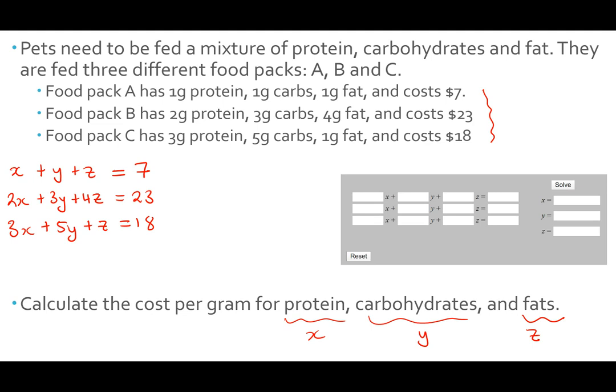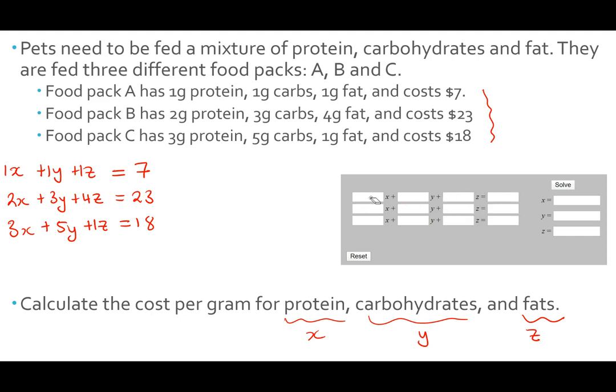For example, in the top row, x plus y plus z, it's actually 1x plus 1y plus 1z. And this one down here is also 1z. We just don't write the 1. However, it is there, so we can put those into our array. So the first row would be 1, 1, 1, 7, and the second row would be 2, 3, 4, and 23. And you follow that same pattern for the third row.